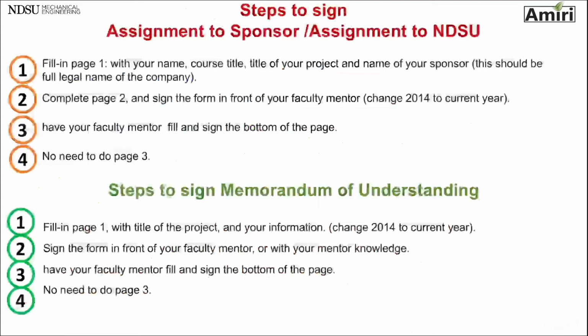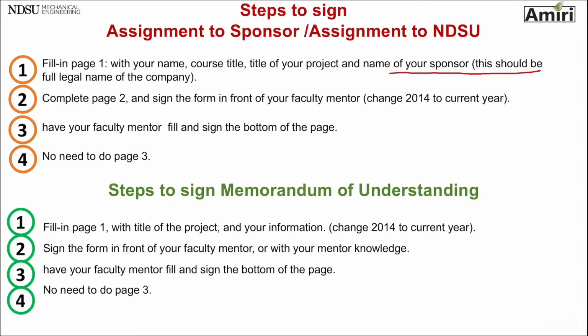But also you can go through these steps and figure out what to do. When you're dealing with the assignment to sponsor or assignment to NDSU form, meaning you give the IP to the sponsor or you give the IP to NDSU, you fill out your name, title, the course title, title of your project, and name of your sponsor.